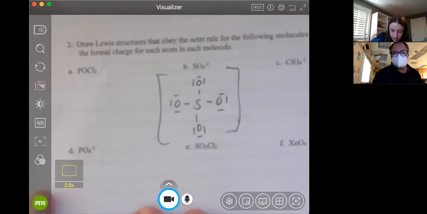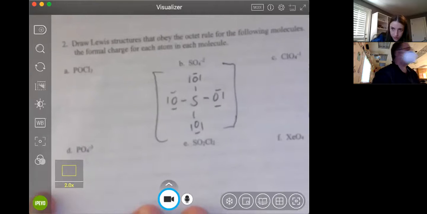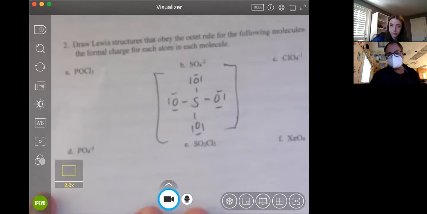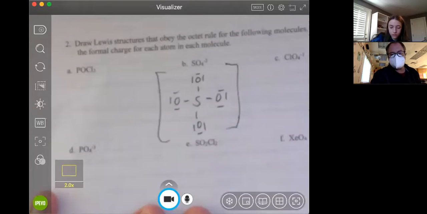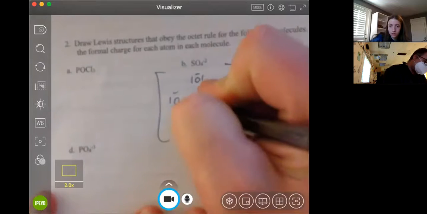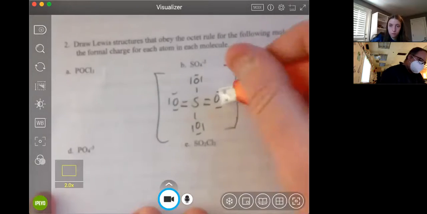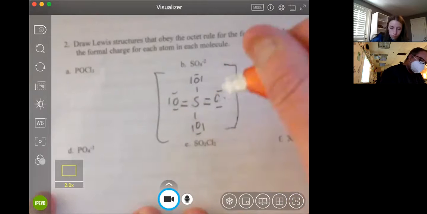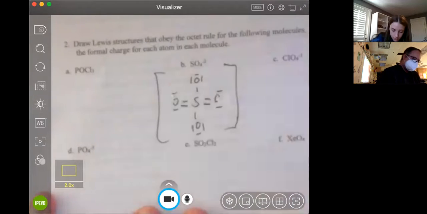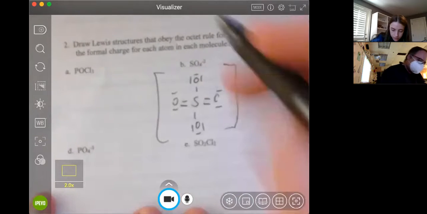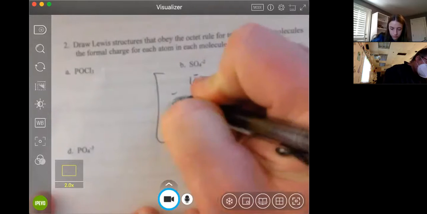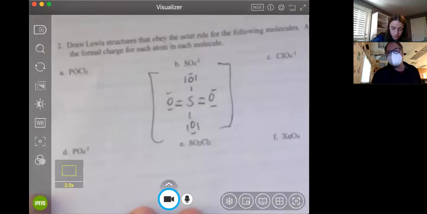Come on, Nicholas, what did the internet tell you? Make double bonds. If you look up on the internet what the Lewis structure for sulfate is, it will give you this.